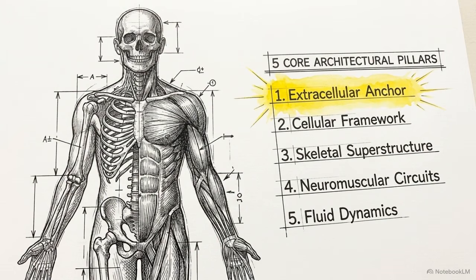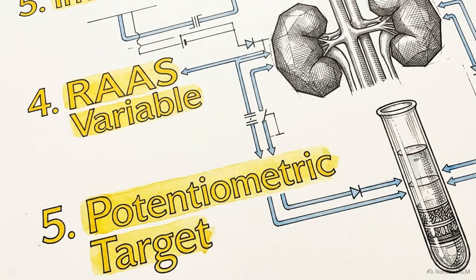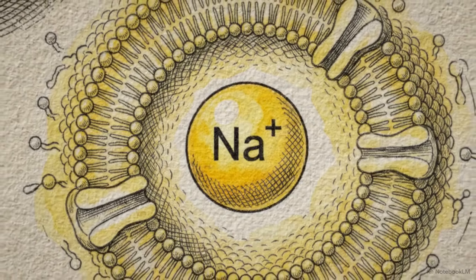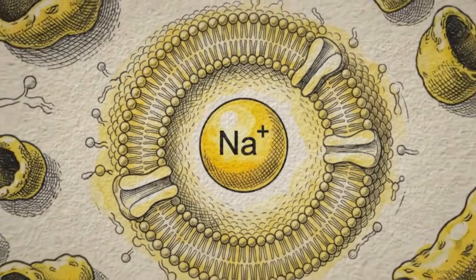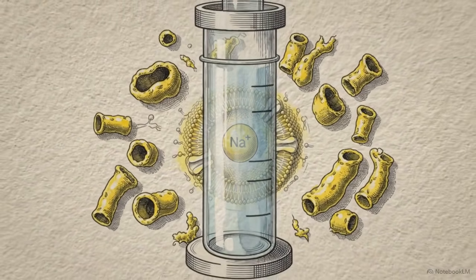Sodium operates as the primary extracellular osmotic anchor, the potential energy floor for secondary transport, the regulator of cell volume, the variable driving the RAS endocrine feedback loops, and the potentiometric target for laboratory quantification. Clinical mastery requires tracking this element's physics from the lipid envelope of a brain cell straight through to the glass capillary membrane of a laboratory analyzer. Respecting this primordial element's power is the key to managing human survival.